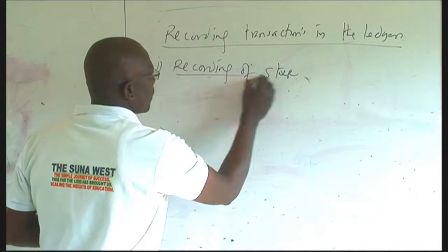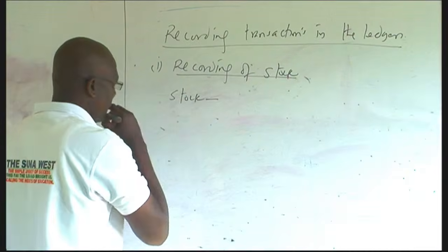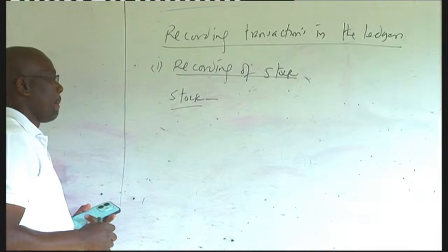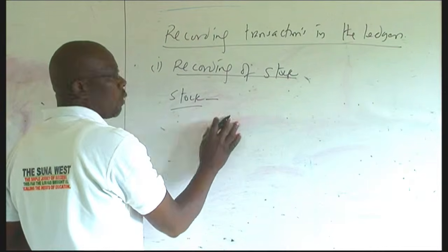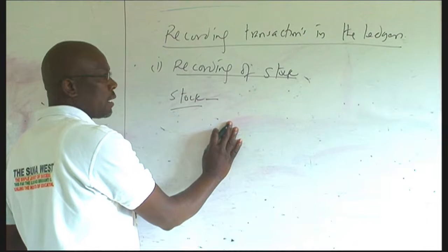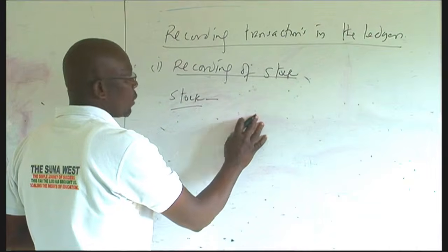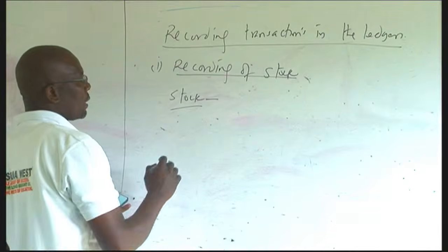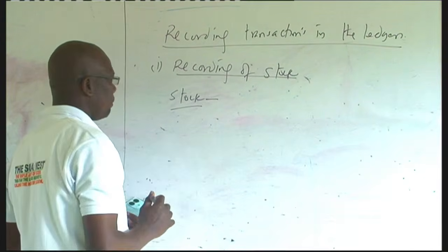Recording of stock. Now, what is stock? We know stock is an item in the balance sheet. Now, stock, these are goods that have been bought or purchased by the business owner for resale. That is stock.